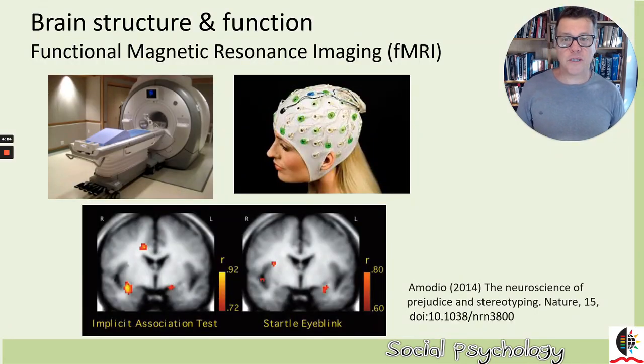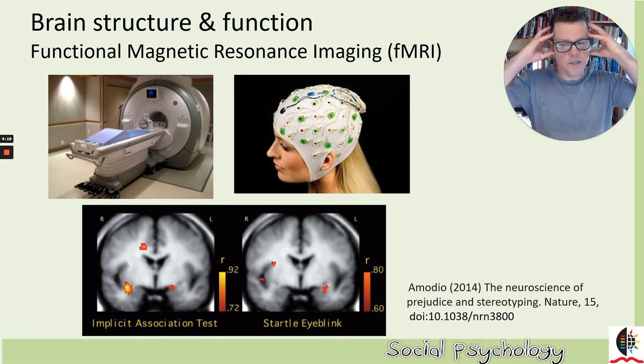So we're going to start with the brain structure and function. I'm not going to spend much time on that, but there's a lot of work with fMRI scanning, and I've got a nice review paper there if you're interested. We're basically looking at what parts of the brain become active in doing certain tasks.